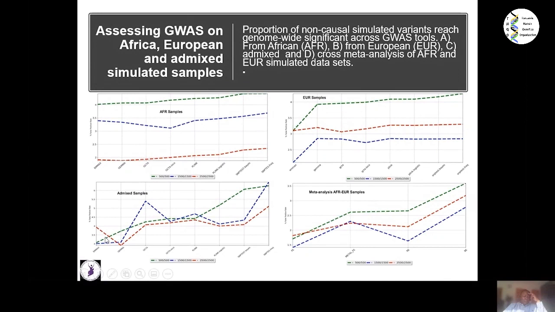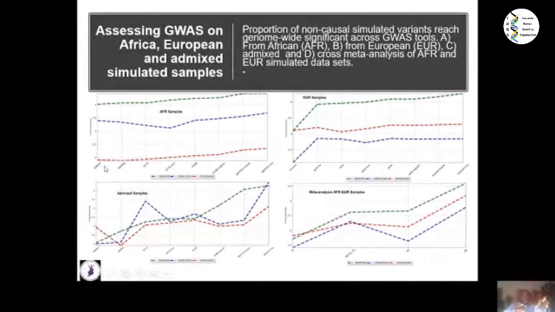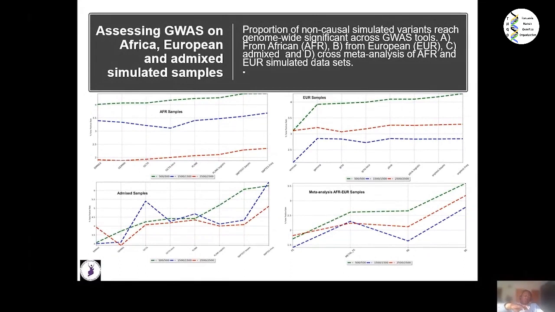Across the different populations, even the admixed simulated ones, we observed that EMMAX, which implements a mixed model with a kinship matrix to account for relatedness between individuals within a cohort, has a low rate of false positives.